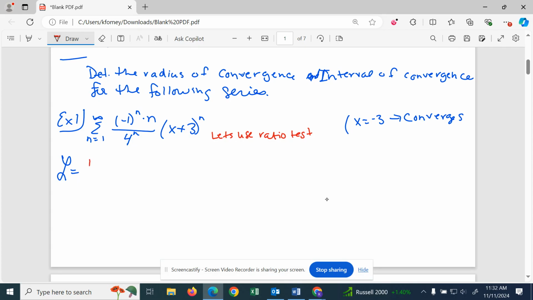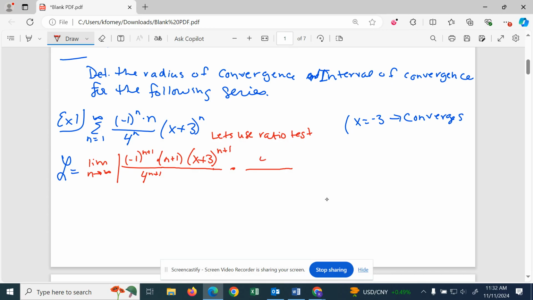So L equals the limit as n approaches infinity. We would have negative 1 to the n plus 1 over, hold on, there's going to be a lot more than that, over 4 to the n plus 1 times n plus 1, times x plus 3 to the n plus 1, multiplied by, and then we just flip our original.